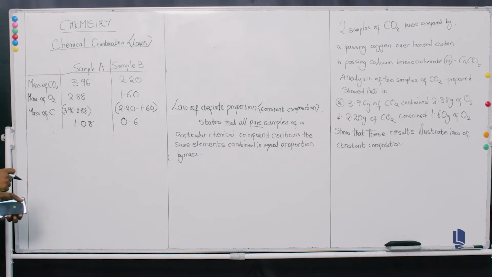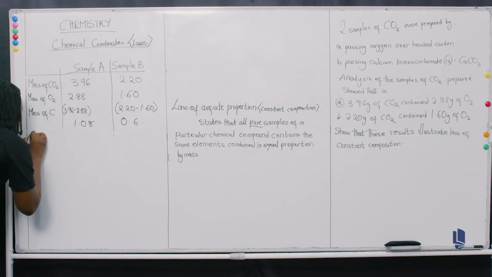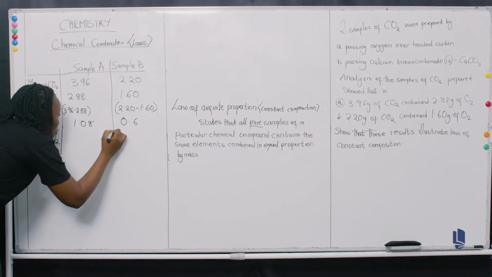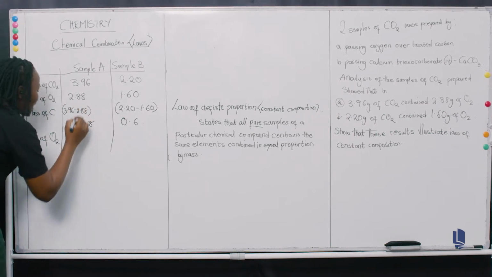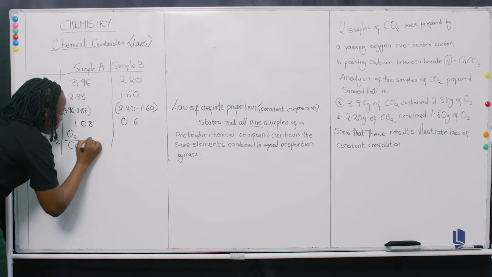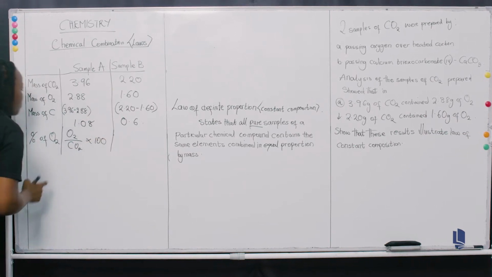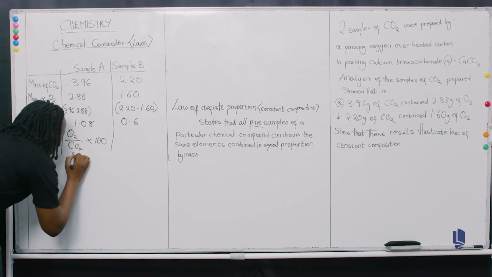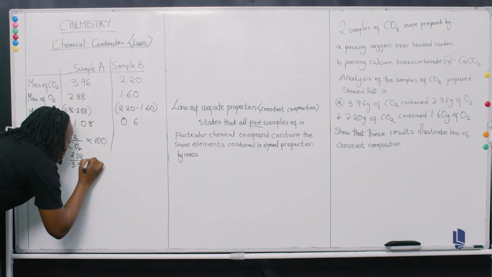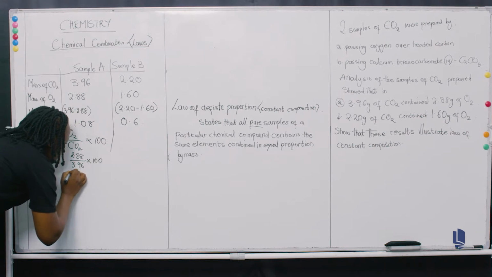Now let's calculate the percentage of oxygen in CO2. For sample A, it would be the mass of oxygen divided by the mass of CO2 multiplied by 100. For oxygen, we have 2.88 divided by 3.96 multiplied by 100.